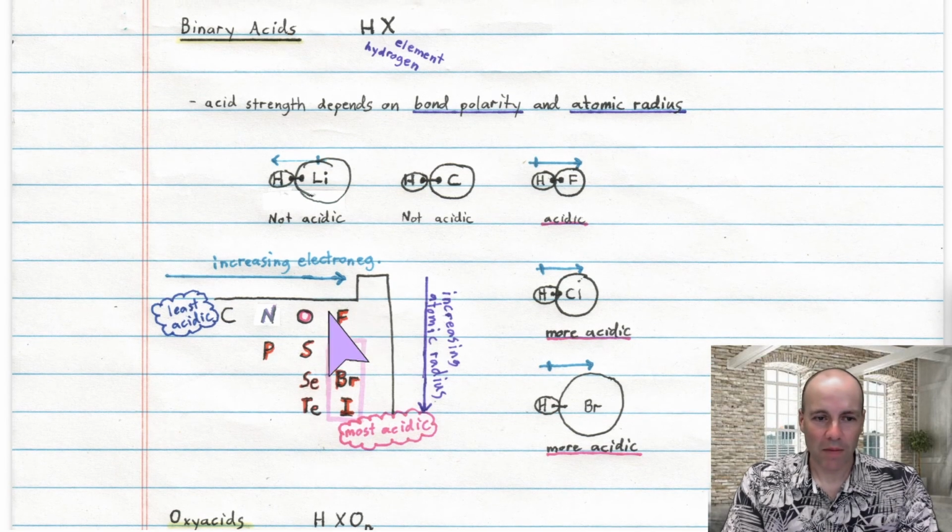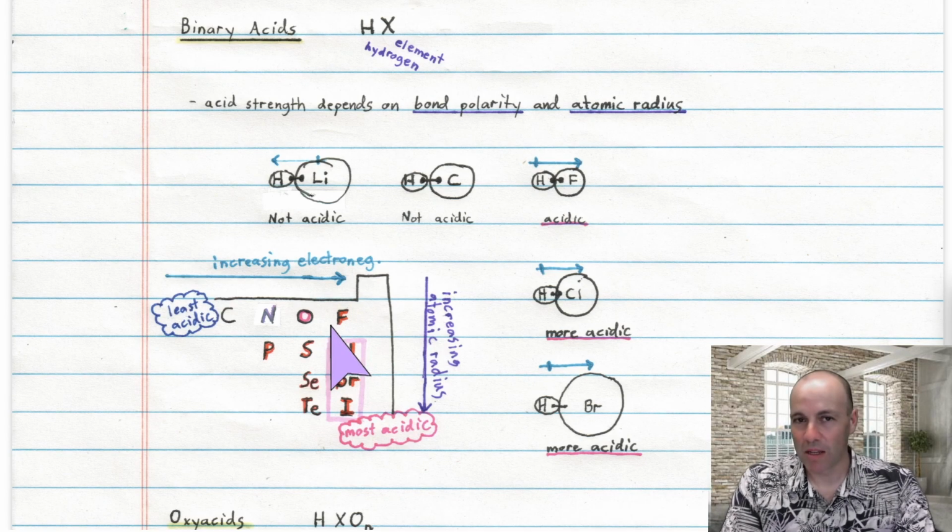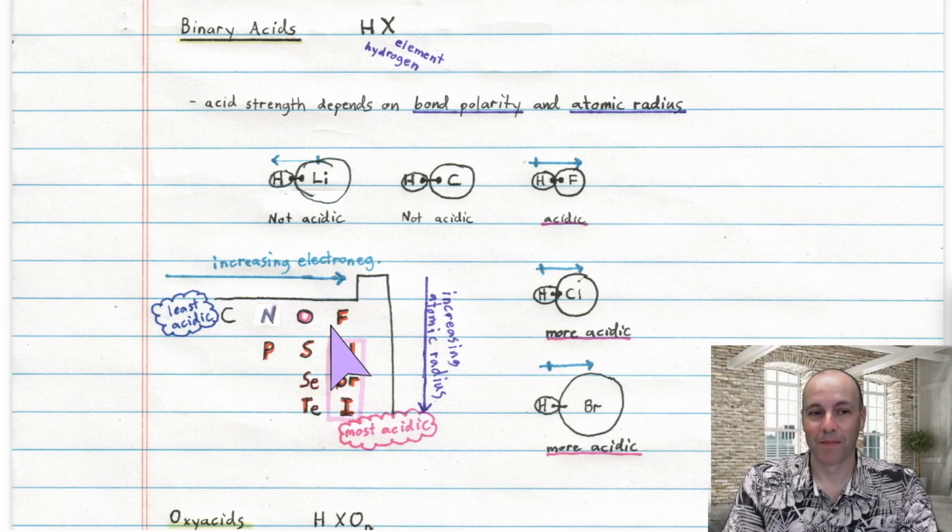So electronegativity is when the element pulls electrons. So fluorine is the most electronegative element. It has the greatest ability to pull electrons towards itself.